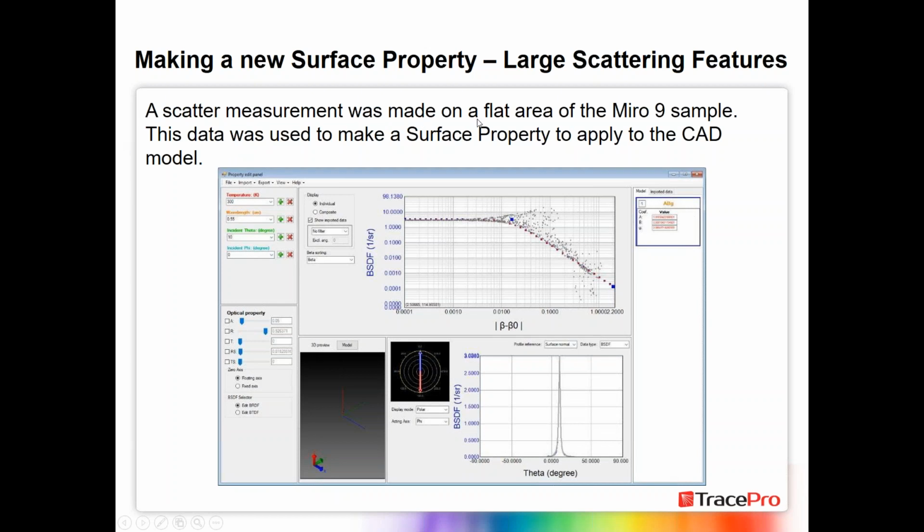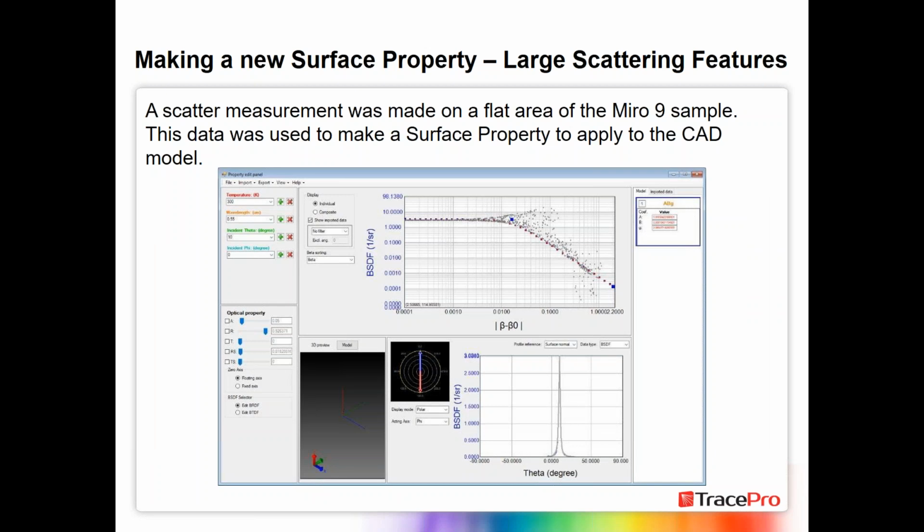We made a scatter measurement, and I believe we used the ScatterScope 4 from ScatterWorks. We made a scatter measurement on the flat area of that Miro 9 sample, and we imported that into the surface property generator, and we made a surface property based on this. So this is a surface property as if this whole surface was flat.